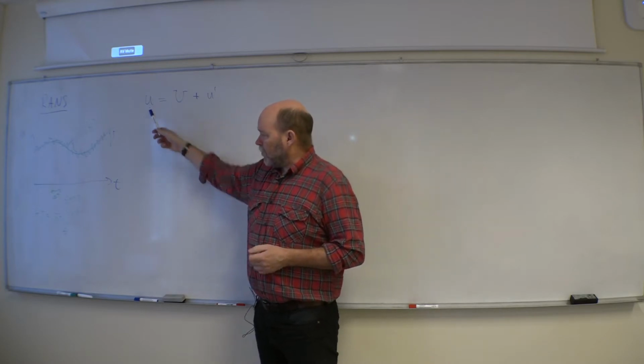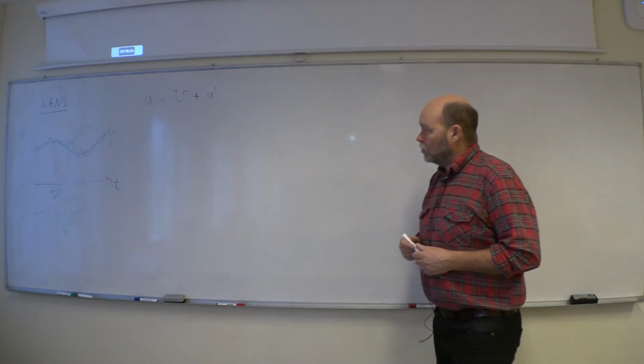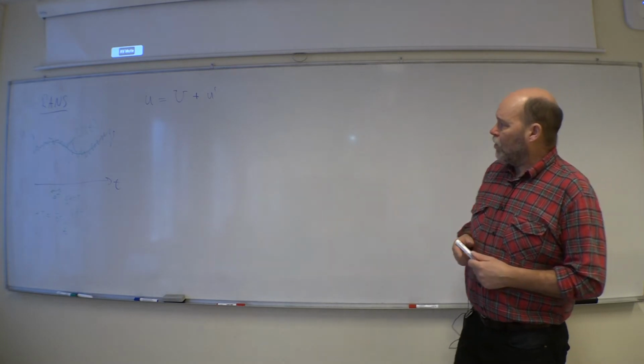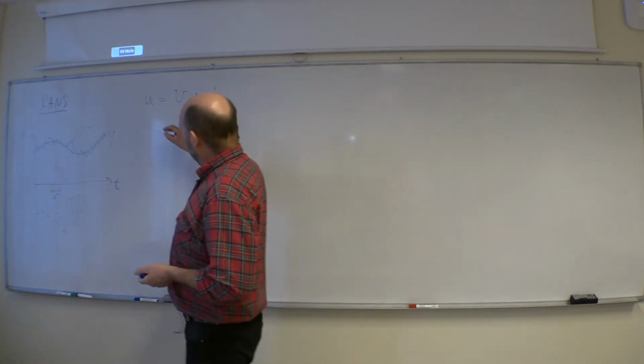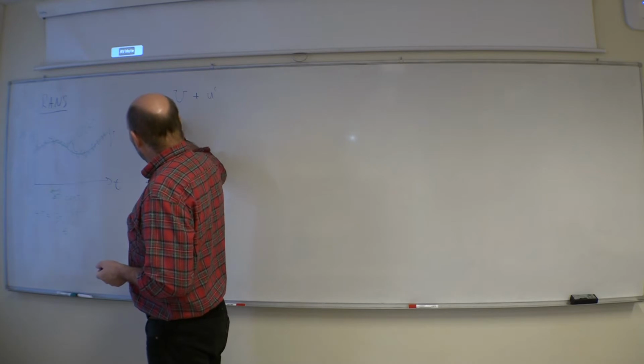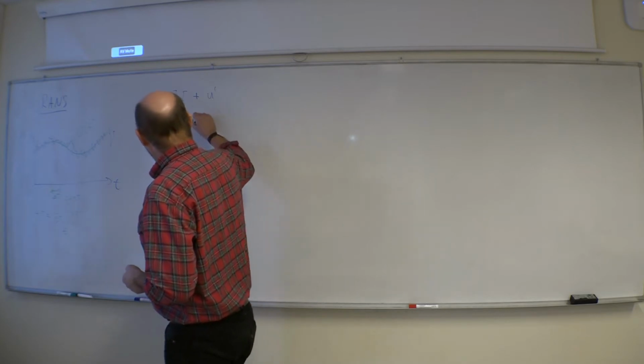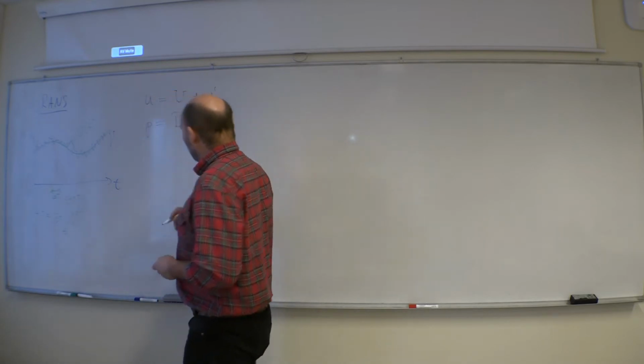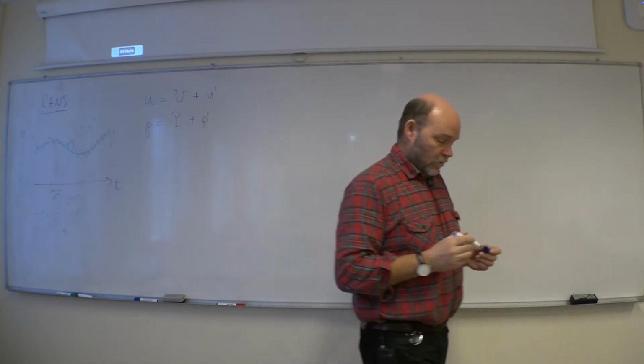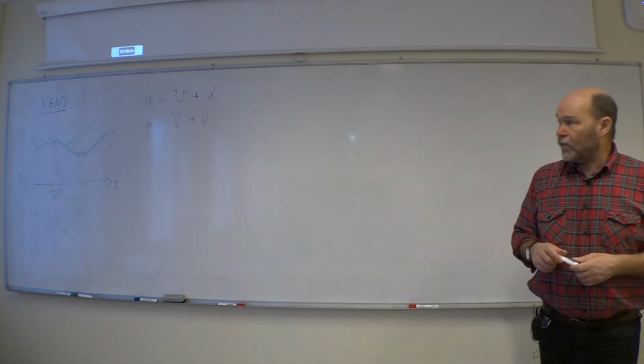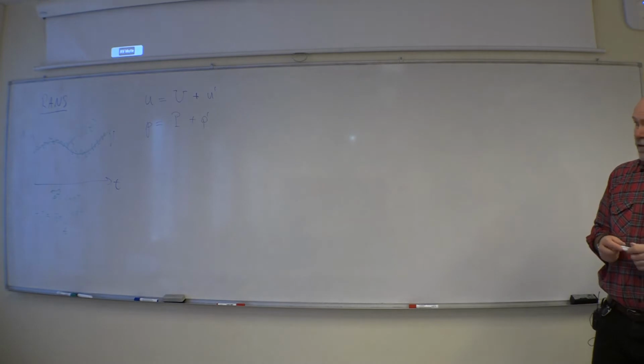The real truth is just u itself. Then of course you do the same split with everything: the real pressure is a mean plus the fluctuating pressure, and the same for all velocity components, density if it is a compressible flow, and so on.